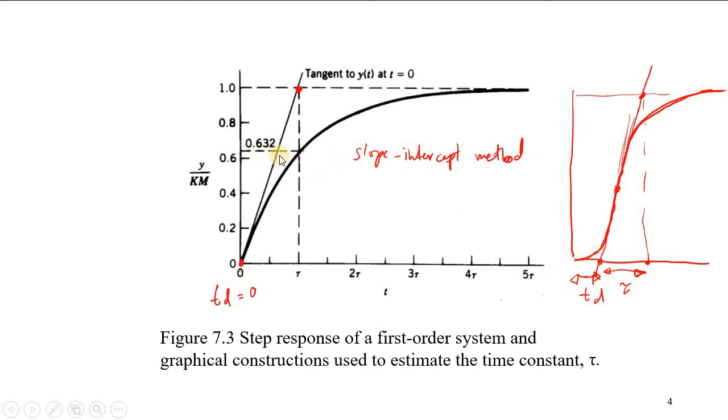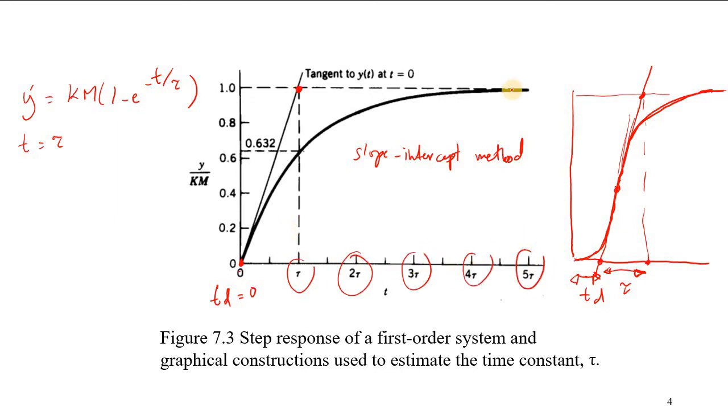Okay, so if you can remember, how did I get the 63.2%? y is equal to Km into 1 minus e to the power minus t over tau. And when we substitute t as 1 tau, and we have 2 tau, 3 tau, 4 tau, and 5 tau, we get about the new steady state value, and that is at 5 tau.